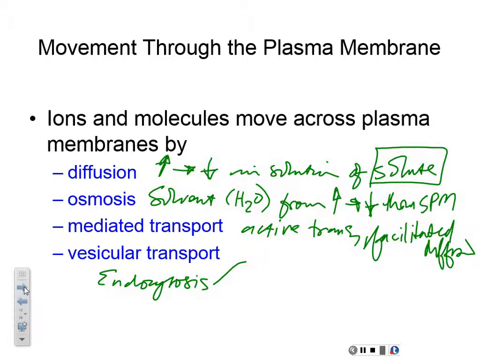What do macrophages do? They engulf. What do we call that process when you engulf a solid substance? Macrophages are also called phagocytes. So phagocytosis is when a solid is internalized. Phagocytosis is solids, right? And then the other one, when we move liquids or solutions, is pinocytosis.